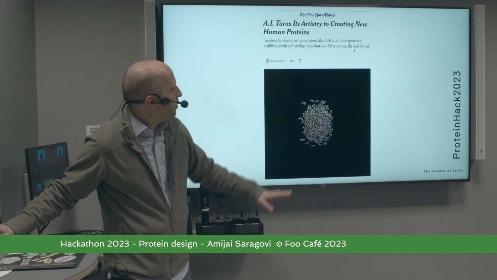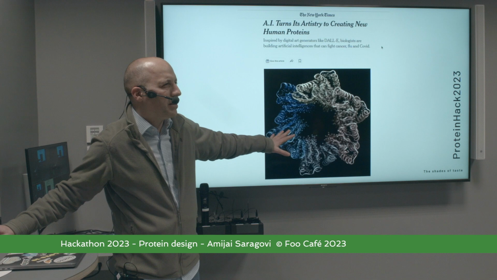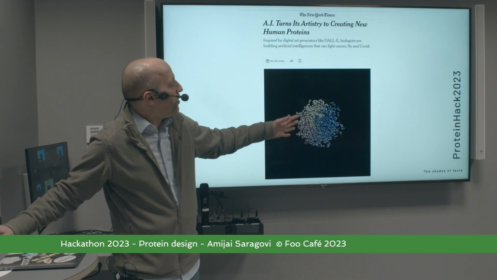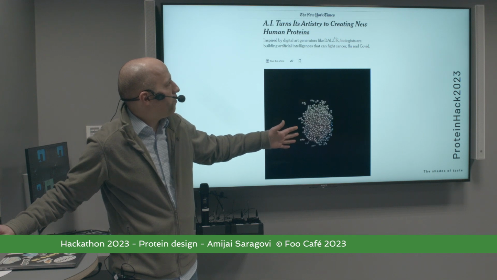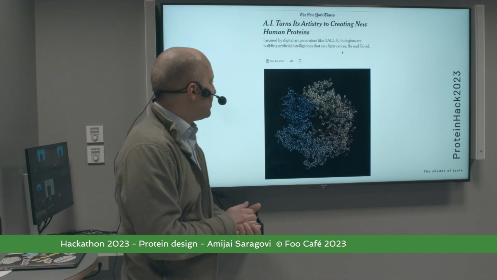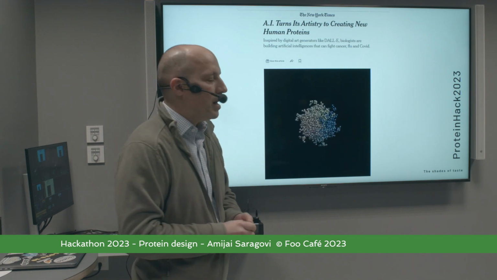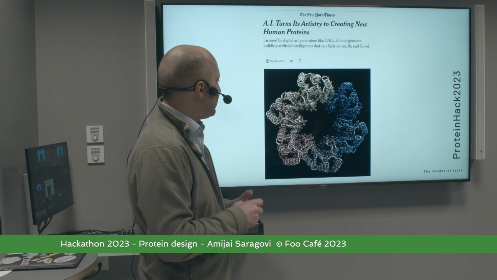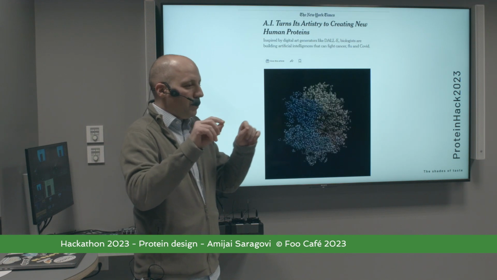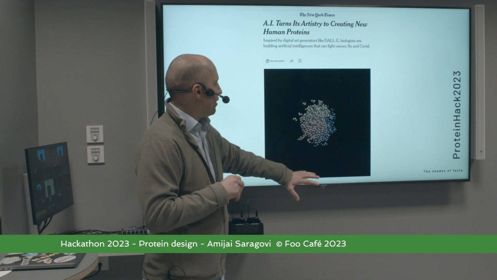So this is actually from the beginning of January. Okay, so this is kind of the beginning of January, end of December. The latest models, it's not even published, it's only on bioRxiv. It's a design model where you give some restrictions to the model and it will, like magic, create the shape for you.